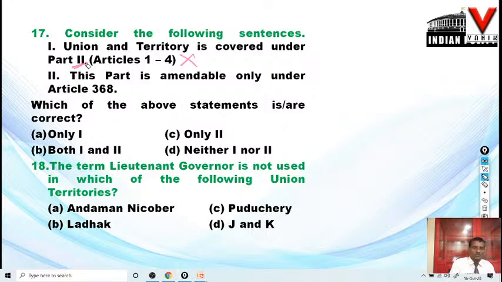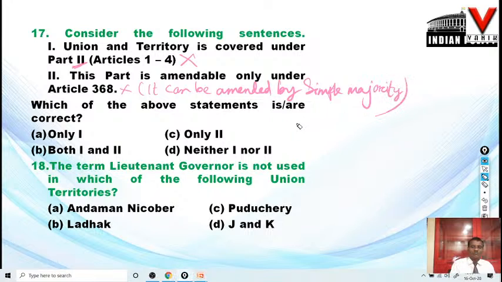The part is amendable under Article 368? No, it can be amended by simple majority. Which of the above statements is correct? So neither 1 nor 2.